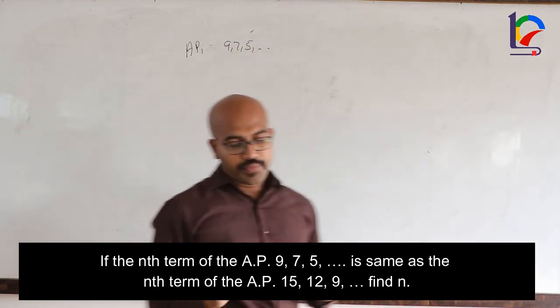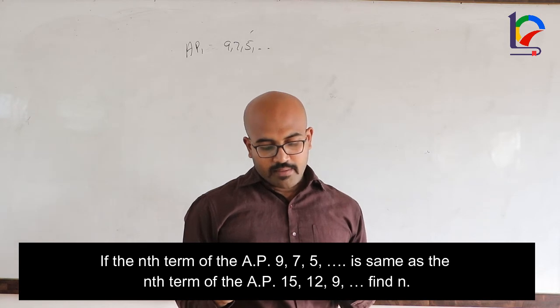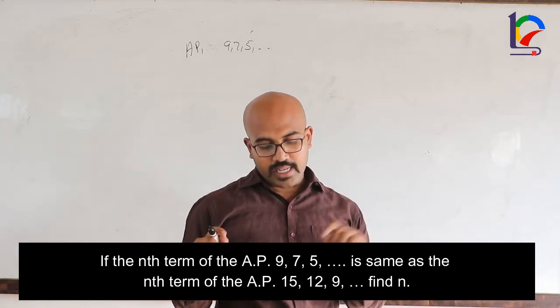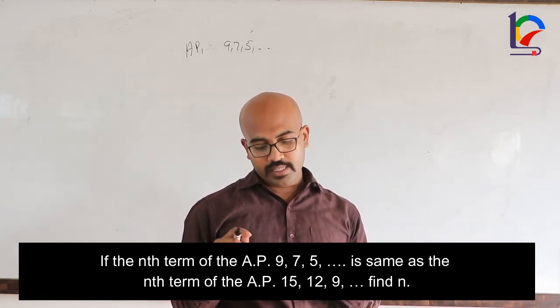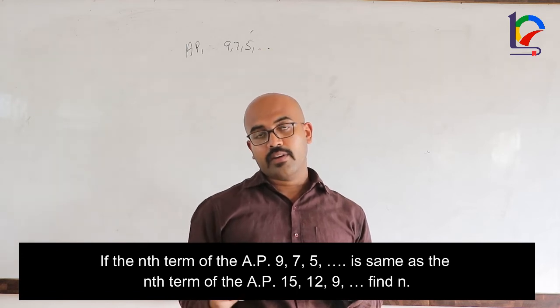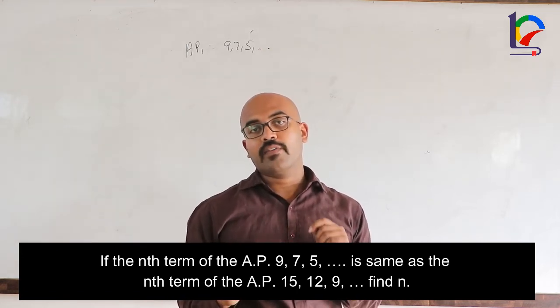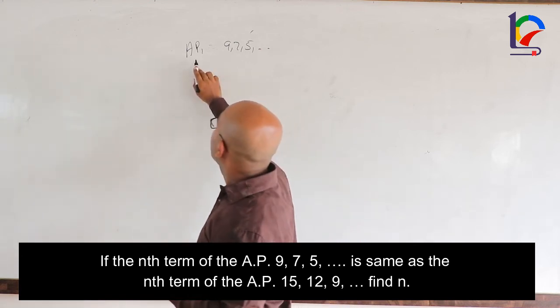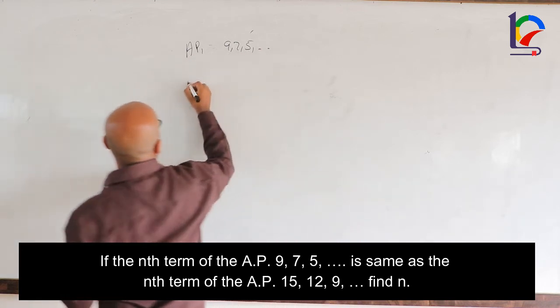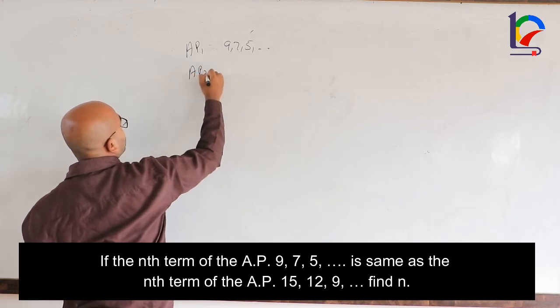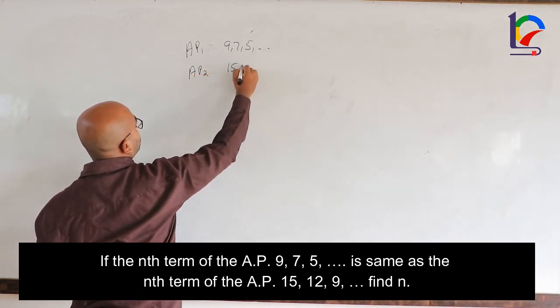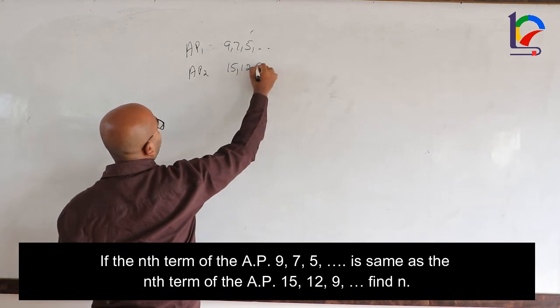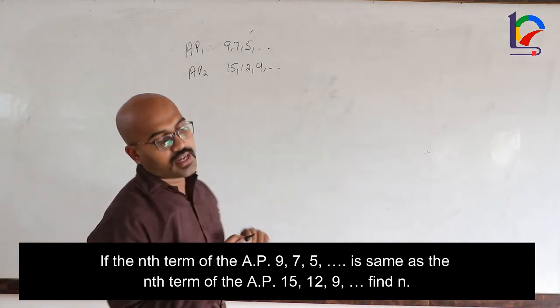If the nth term of the AP 9, 7, 5 is the same as the nth term of an AP which is 15, 12 and 9, what is the value of n?